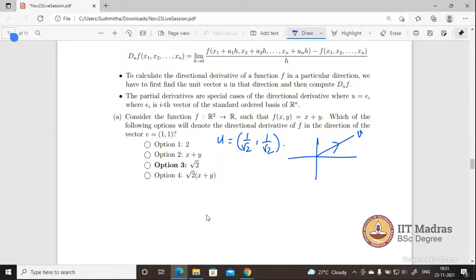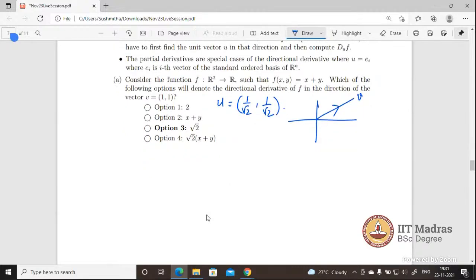So I need to find the directional derivative along this direction. This is my unit vector. So D_u of f, or in fact D_v along that vector. Any vector I will normalize and then do.